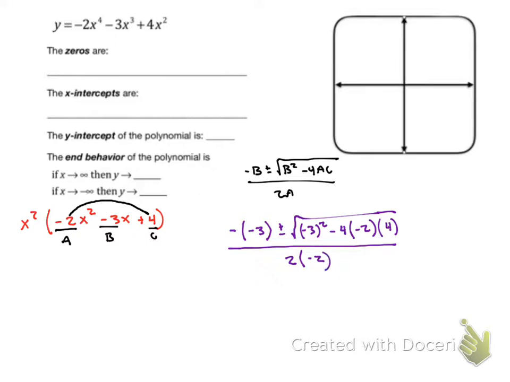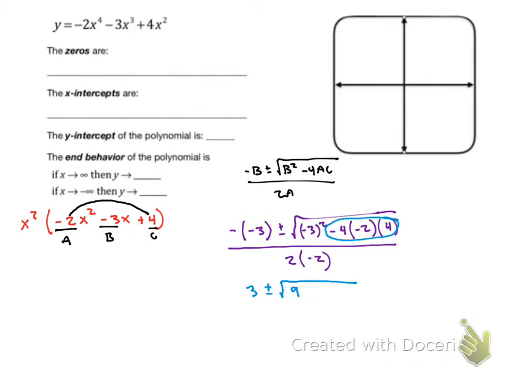So now we have a bunch of simplifying we have to do. We can simplify this here, we can simplify this here, and we can simplify these here, and the denominator as well. So simplifying all these out, I'll do it in this step here. Negative 3 is a 3, plus or minus square root. Negative 3 squared is 9. Now this here, negative 4 times negative 2 is a positive 8.